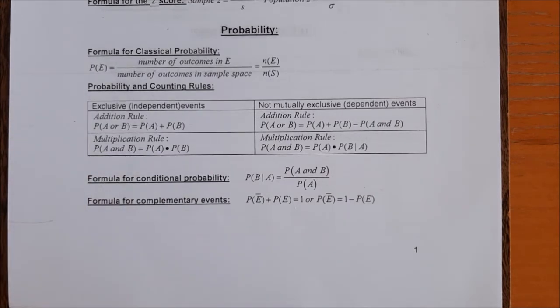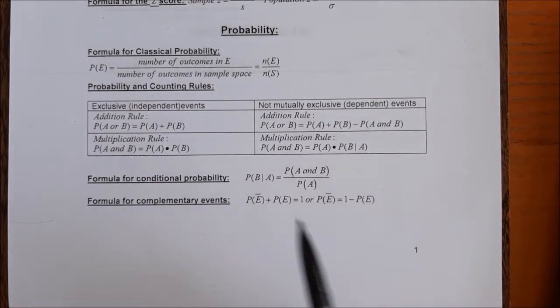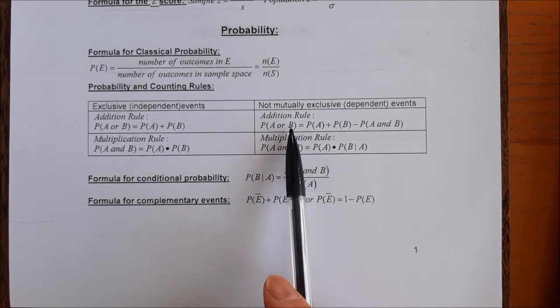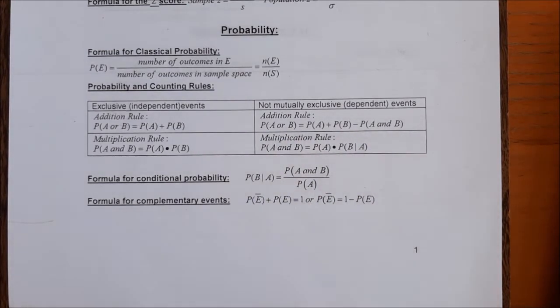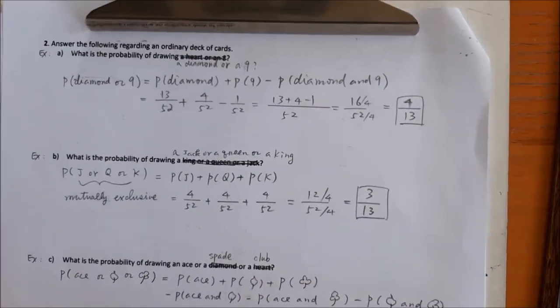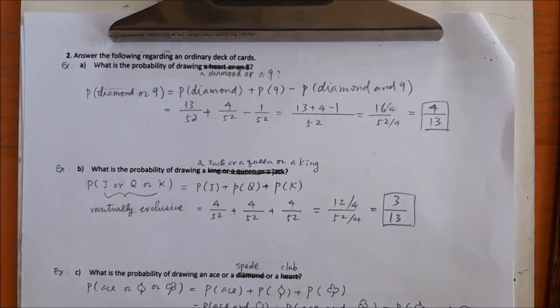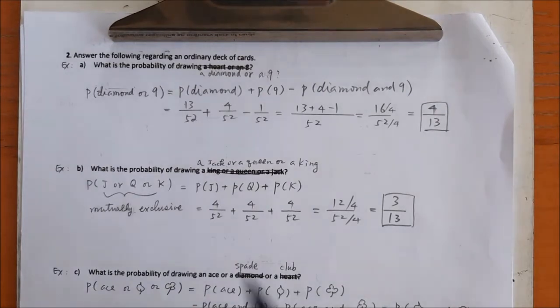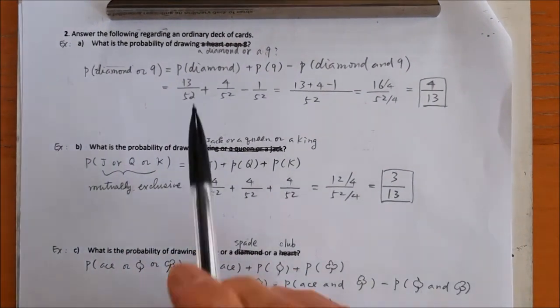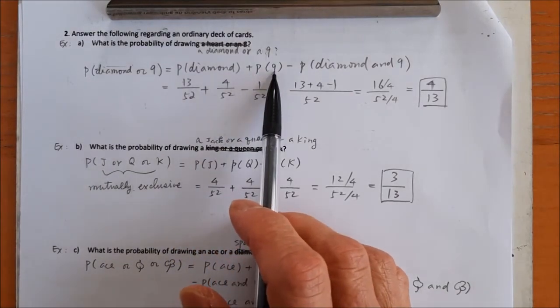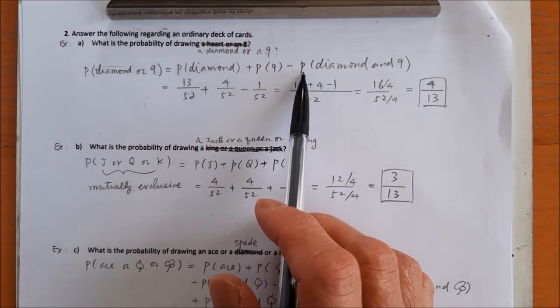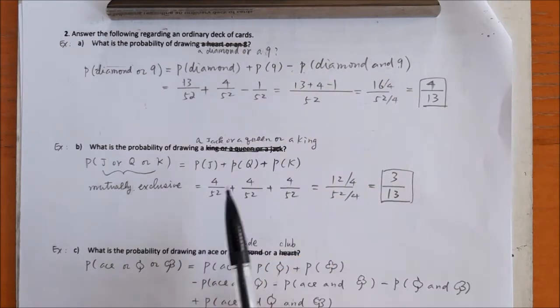So A event, for this question, A event is get a diamond. B event is get a number 9. And use this formula, we'll get the probability of a diamond or 9 is equal to probability of a diamond plus probability of 9 minus probability of a diamond and a 9.